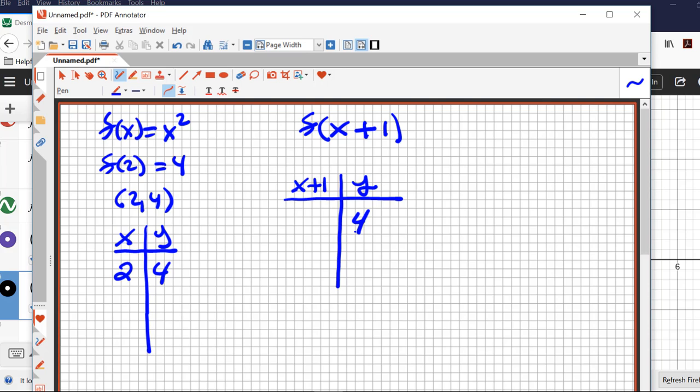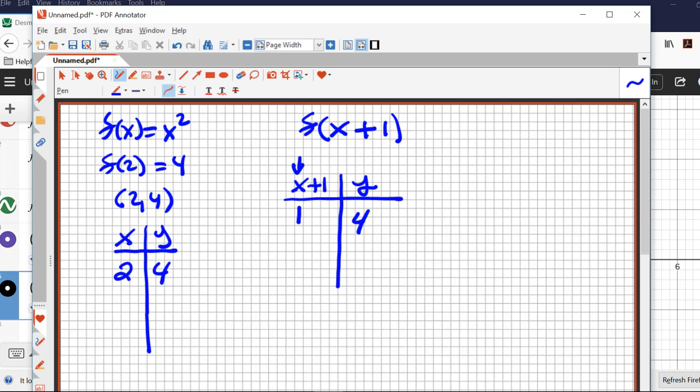So here's a different way of thinking about this. 2 in the original one gave you 4. You're going to be entering a value right here. So you know that 2 gives me 4, but when you enter a value here, you're going to add 1. So think of it this way. What number do I need to put right here so that when I add 1 to it, I get 2? I know that 2 gives me 4. Well, the answer is 1.